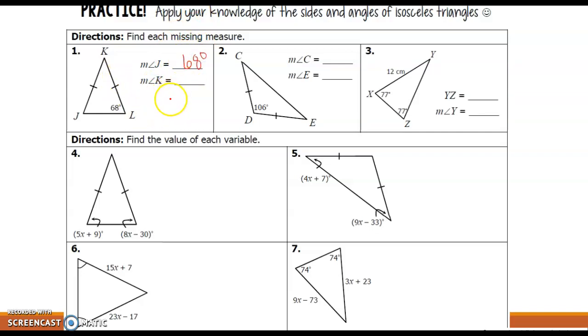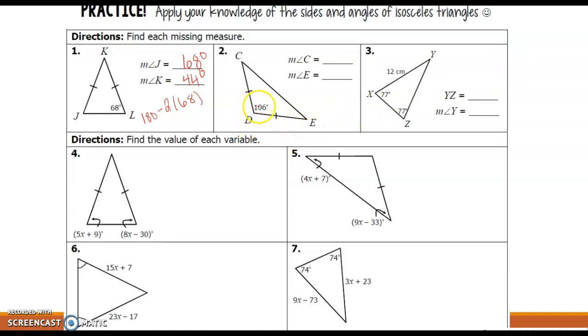So if that's the case, you have to say 2 times 68, and then you have to subtract that from 180. Okay? That's going to make angle K 44 degrees. All right?